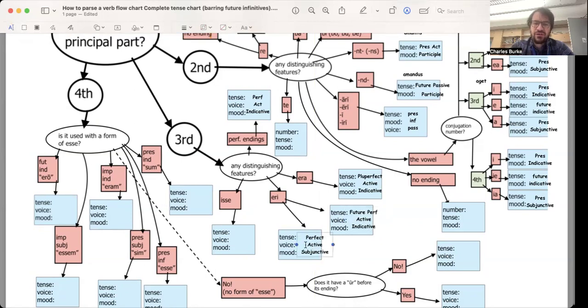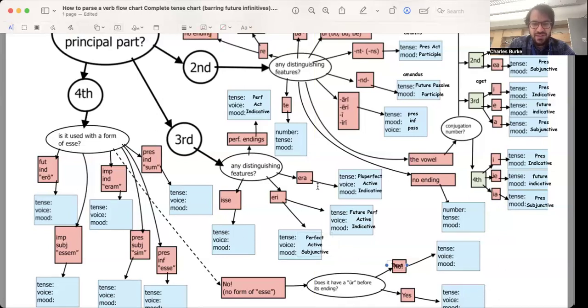If you get amawerim, that's perfect active subjunctive. So it's that first person singular, either the M or the O, that will give away which one it is. But other than that, and you're not going to encounter the first person singular as much as third person or second person, usually you won't be able to tell these apart except in context.